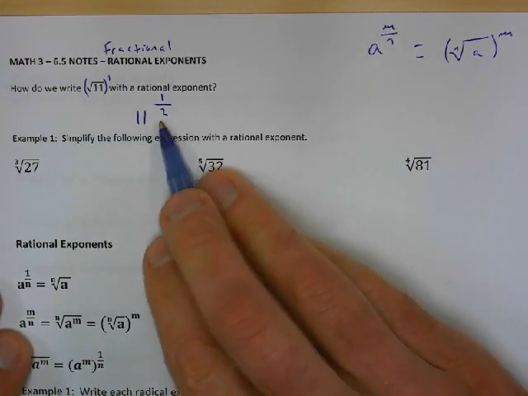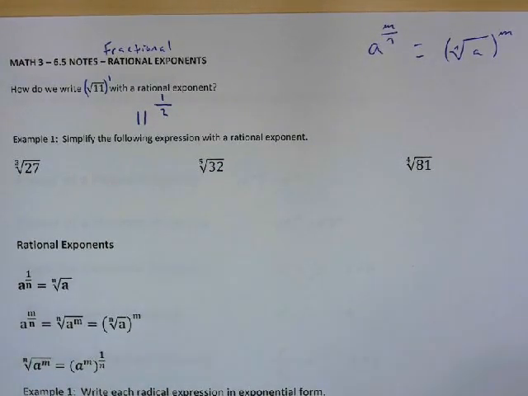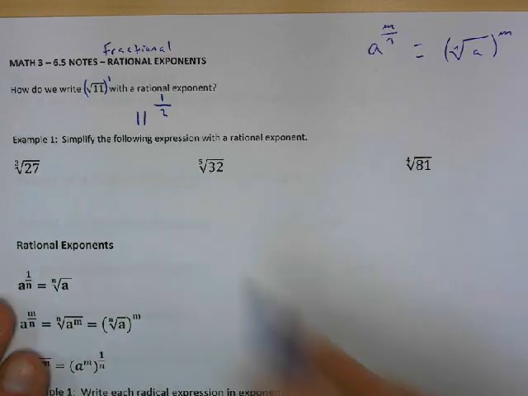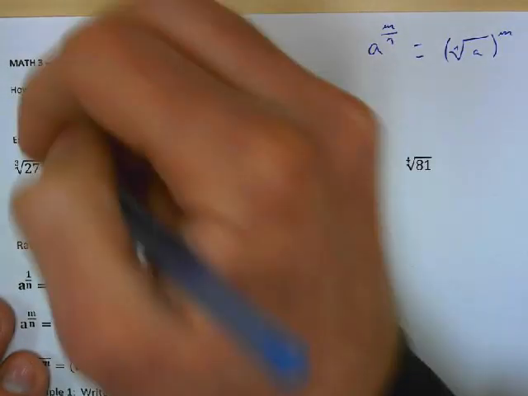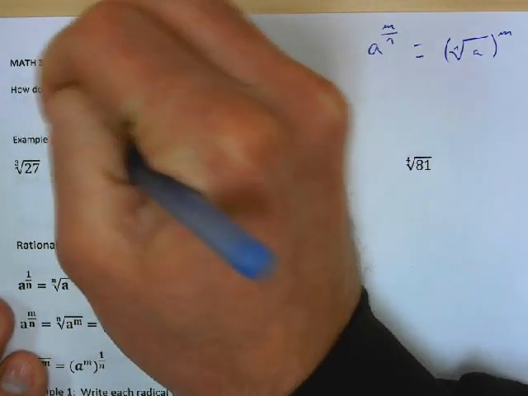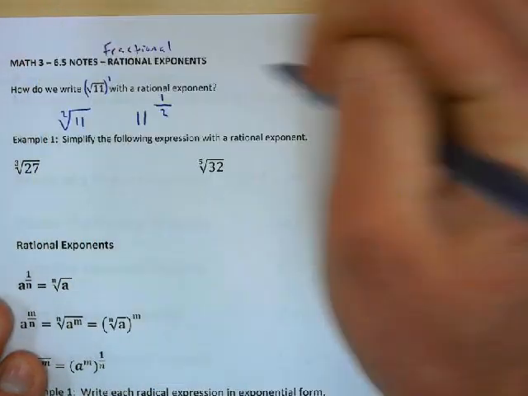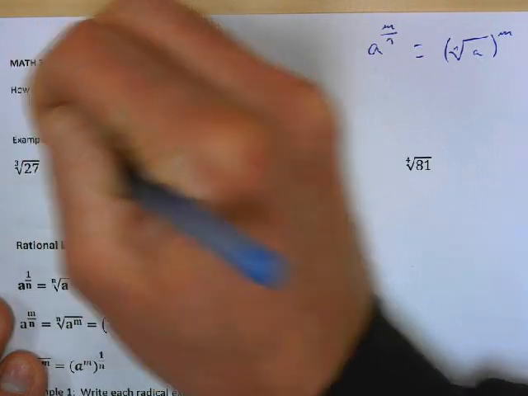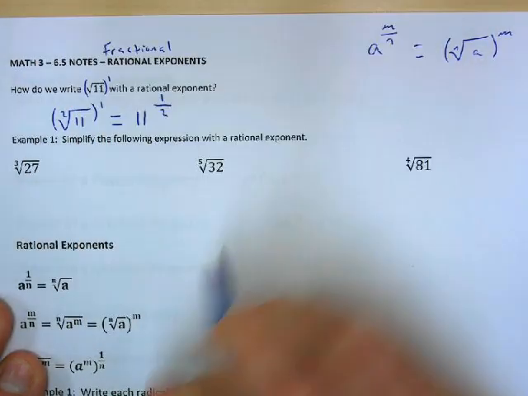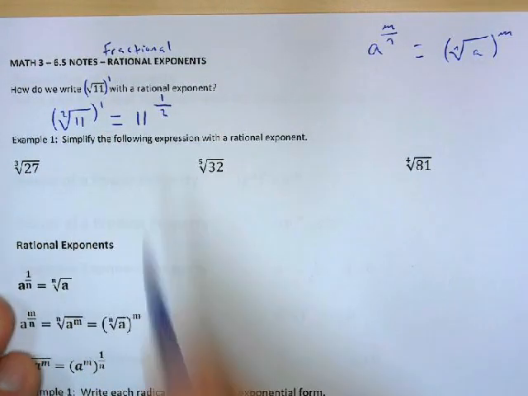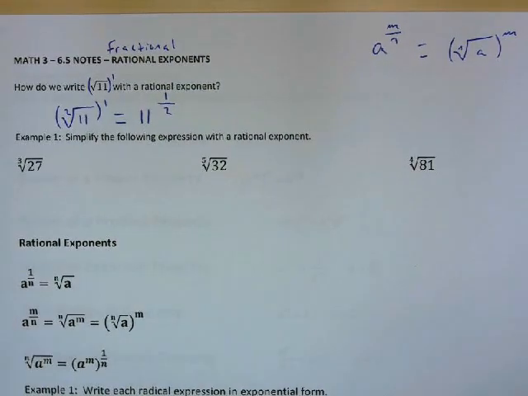This is a very common exponent. You're going to see this come up a lot. Okay, and that's all they really want there. So again, where did that come from? Well, we had the square root, which is the second root of 11, raised to the first power, and that's the same as that. It equals that.